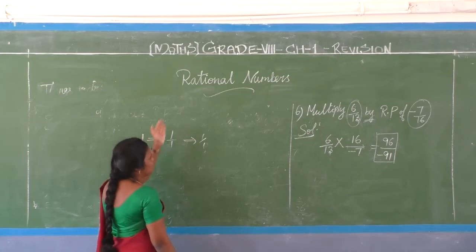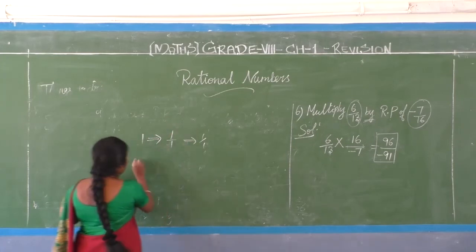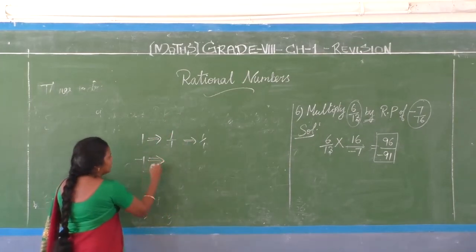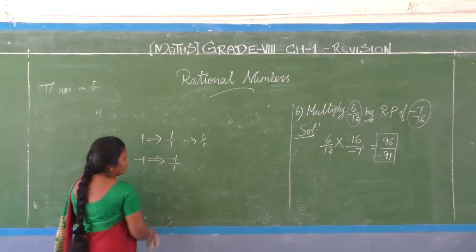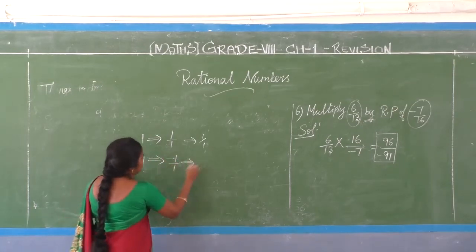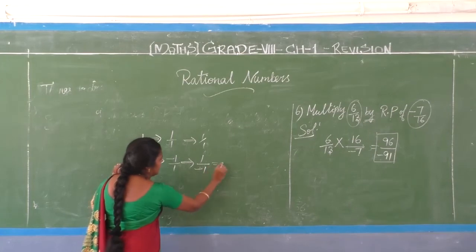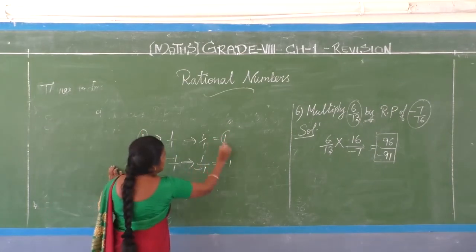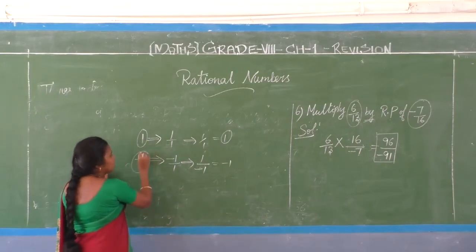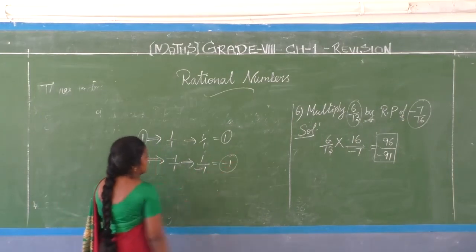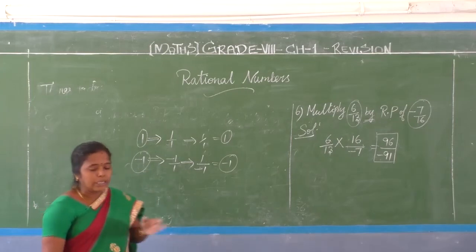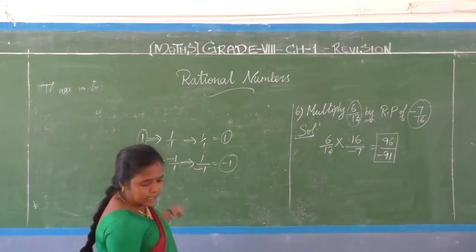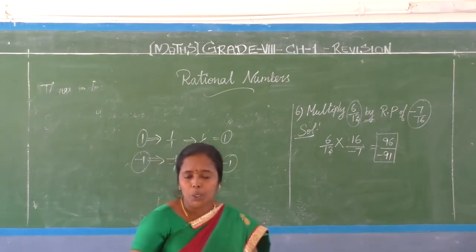So 1 is the reciprocal of itself. If you take minus 1, it can be written in rational form as minus 1 by 1. What is this reciprocal? 1 by minus 1. Anyhow, minus 1 only. So for 1, reciprocal is 1. For minus 1 also reciprocal is itself only. So that is why they told that the two numbers 1 and minus 1 are their own reciprocals.